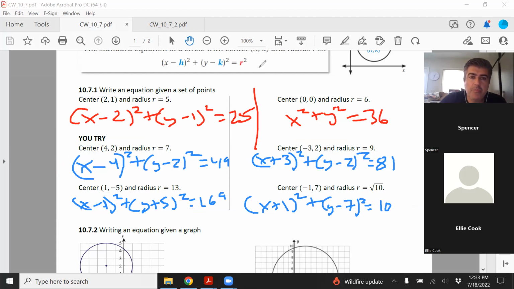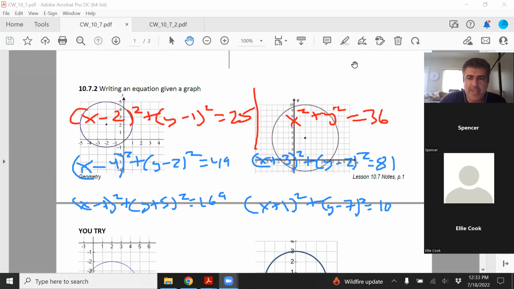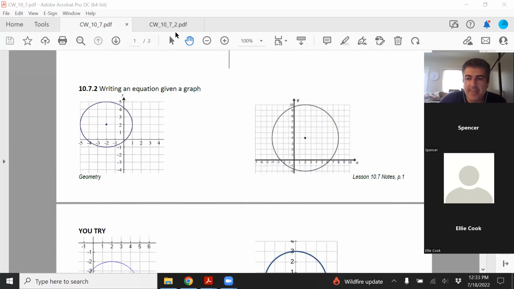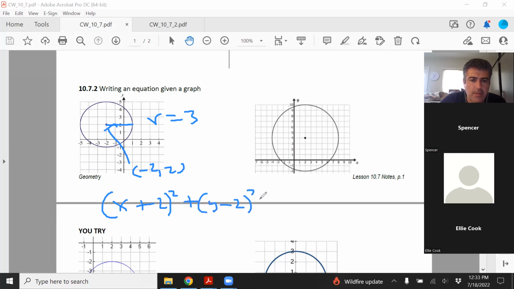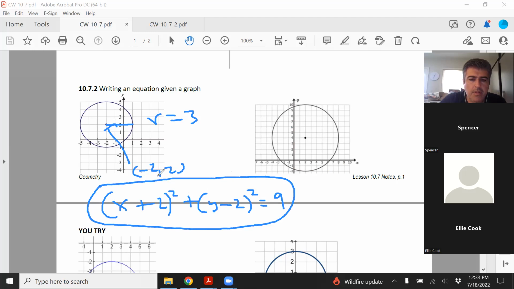Okay, keep moving. The next one's just the same thing, you just have to identify the center. It's not explicitly told to you, but just look at it. The center's at -2, 2, and the radius is 3. Okay, so here we go for that one.